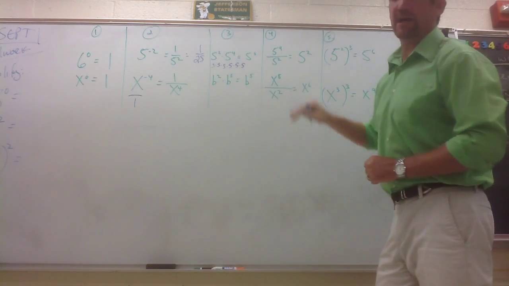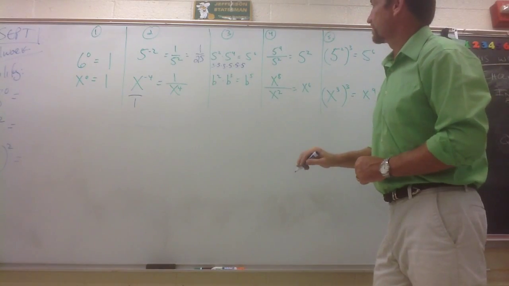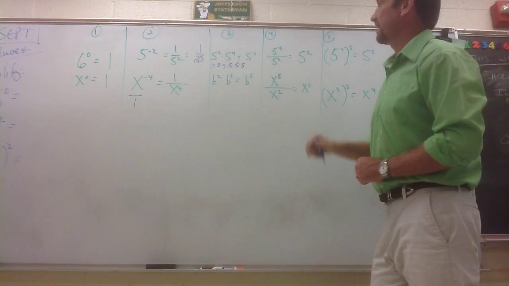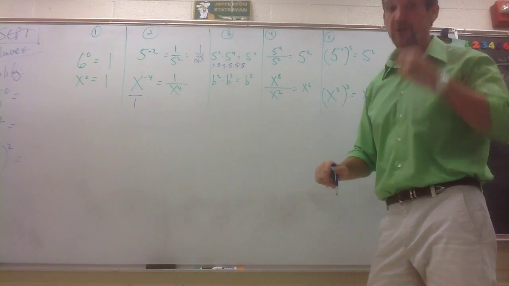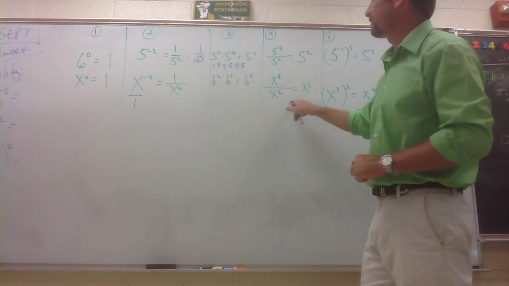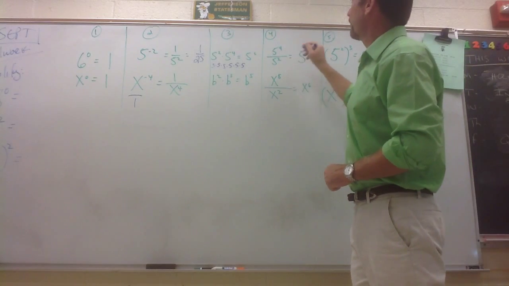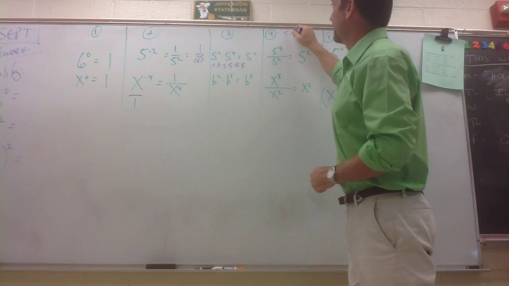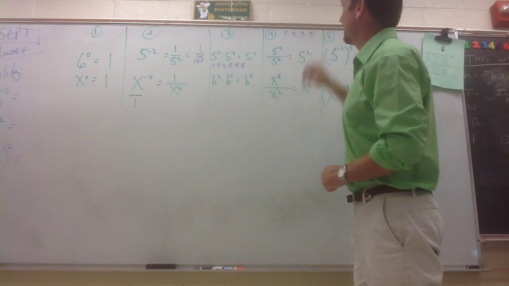Fourth rule we talked about dealt with dividing powers. 5 to the 4th divided by 5 squared, we're going to subtract the exponents. 5 to the 4th, remember, is 5 times 5 times 5 times 5.